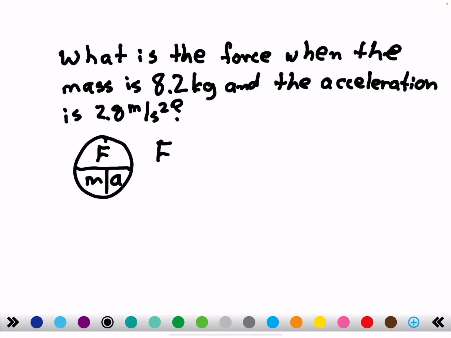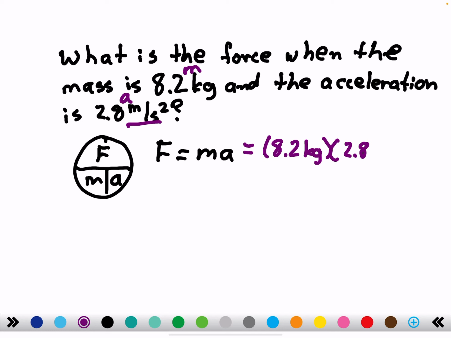Cover up F. We know that F equals ma. So the mass is 8.2 kilograms, and the acceleration, always look for meters per square second for acceleration units, is 2.8 meters per square second.